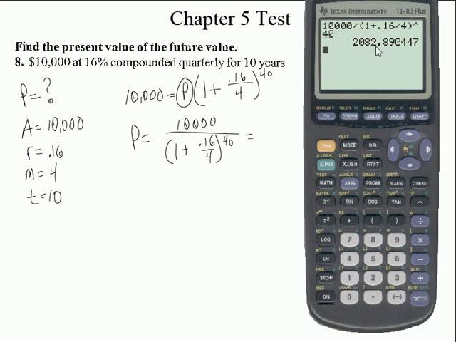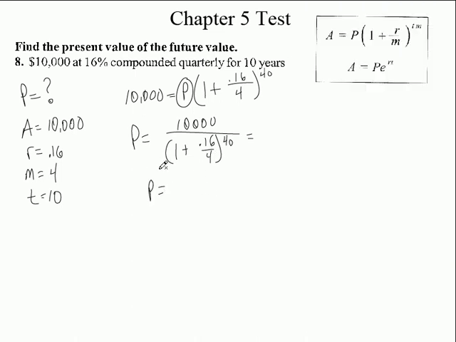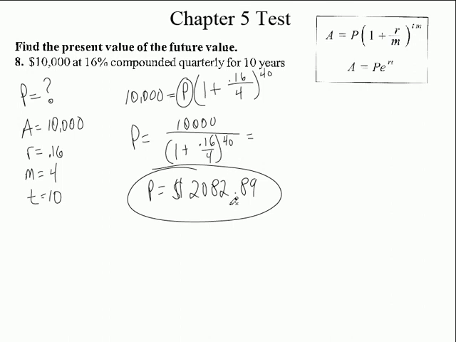It's 2082.89. So it's money again, right? So I shouldn't have to tell you how much to round it because it's money. So you round it to the cents. So it's 2082.89. That's how much money you put in, and that's how much money you get back after 16% interest for 10 years compounded quarterly.